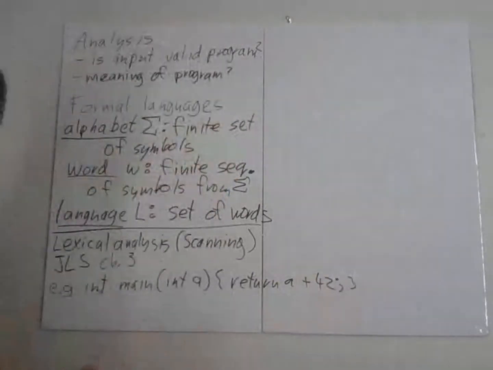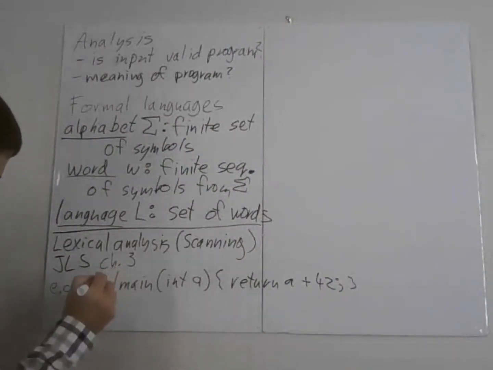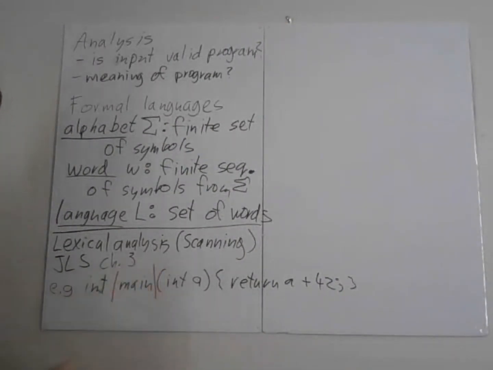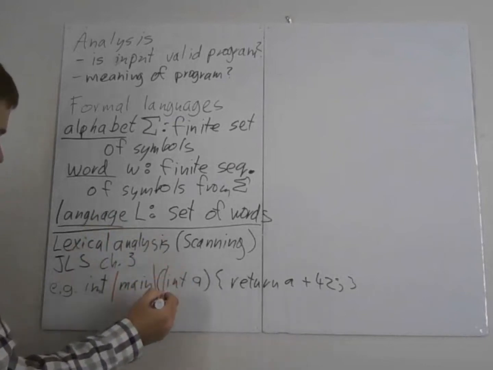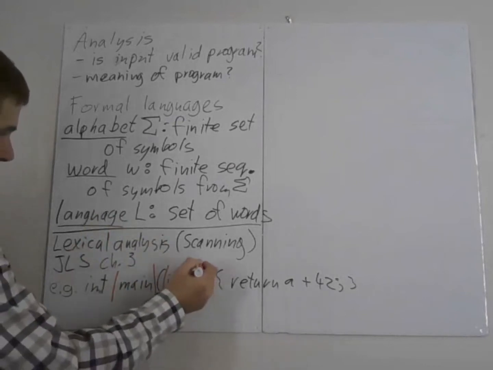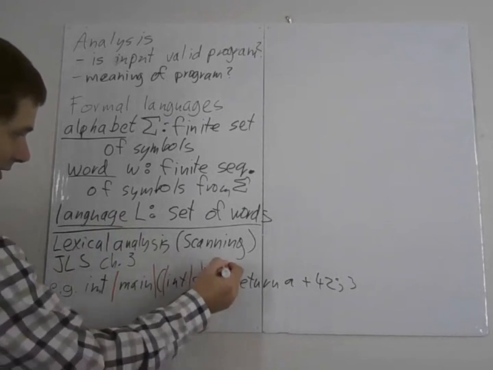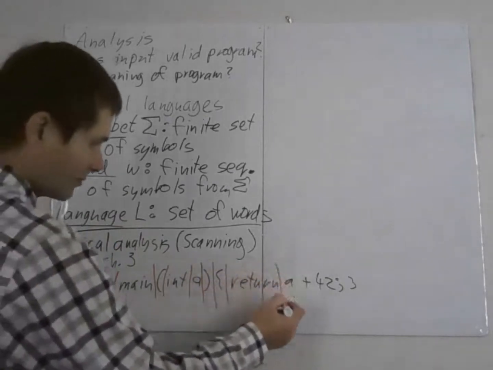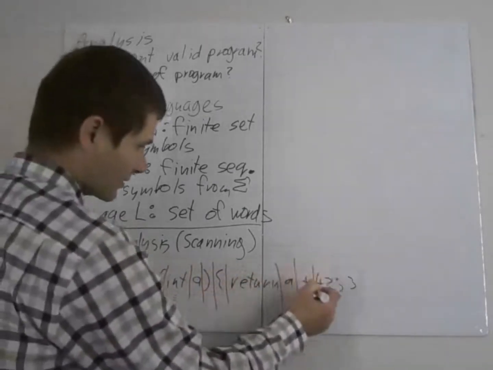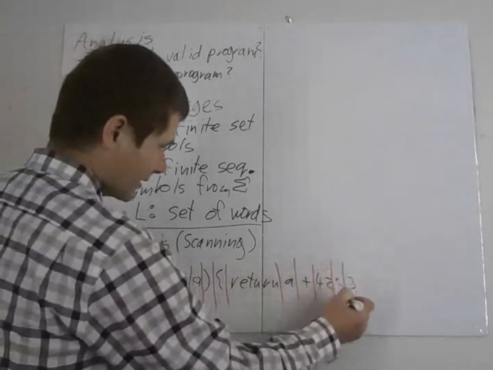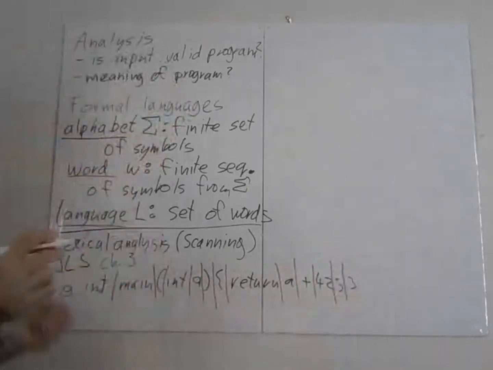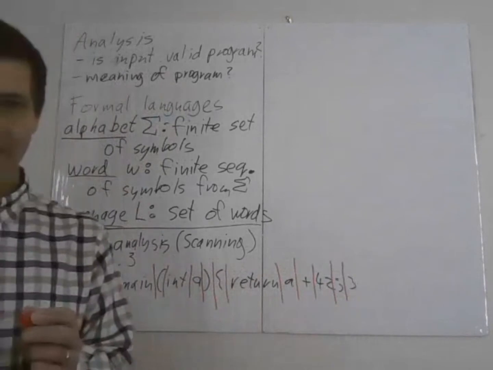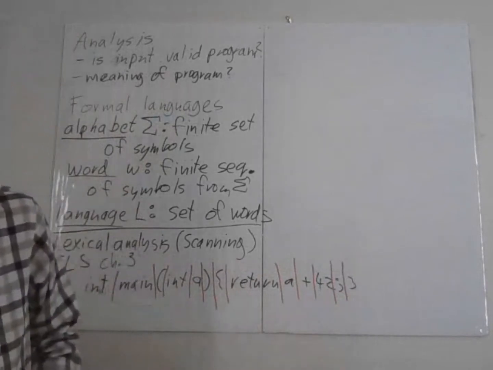Right, so if that's part of my Java program, what I want to do is split it up into, informally we would call them words. Formally we would call them tokens, and basically take that sequence of characters and break it up into a sequence of these bigger pieces that we can then do more with.